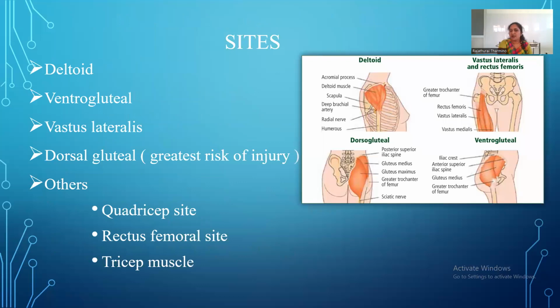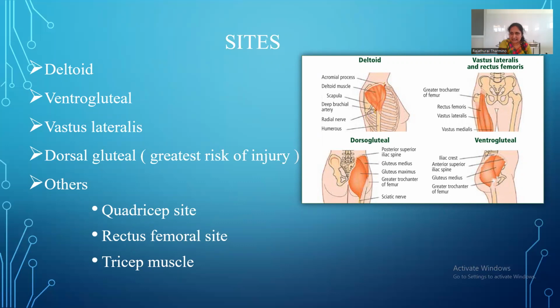Now we are going to see what are the sites. IM injection can be given at these sites. There is the deltoid. This is the deltoid muscle picture. Next, ventrogluteal. This one is ventrogluteal.